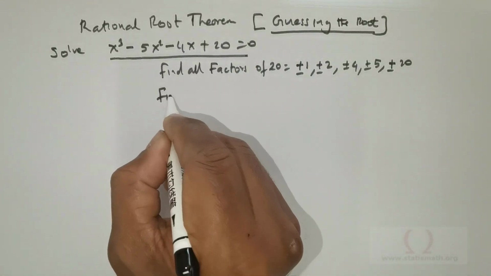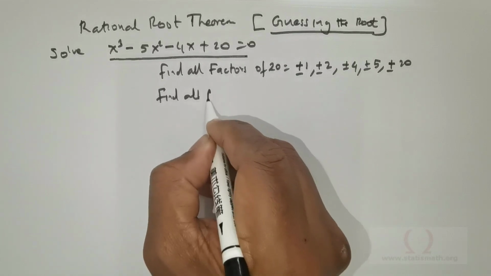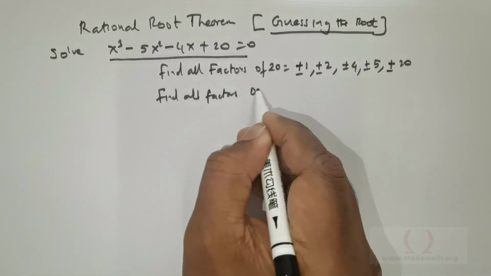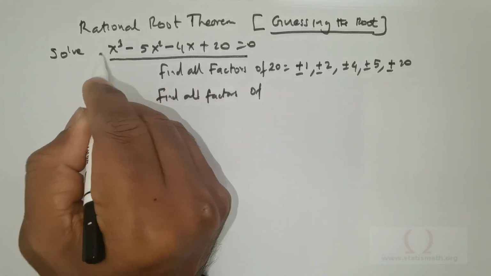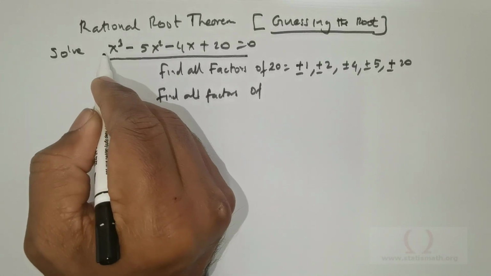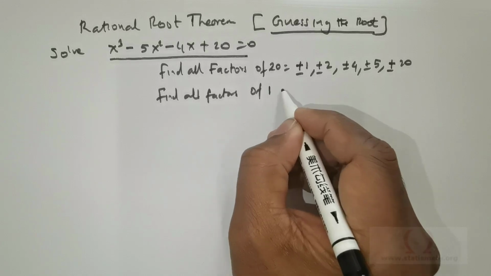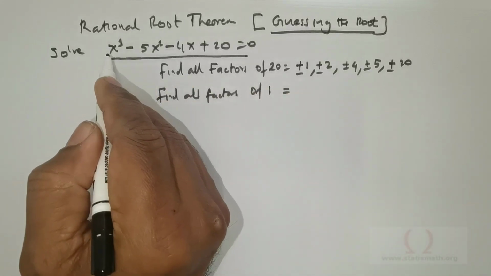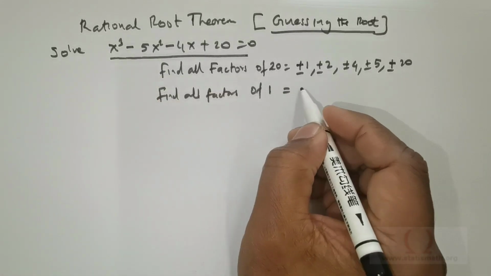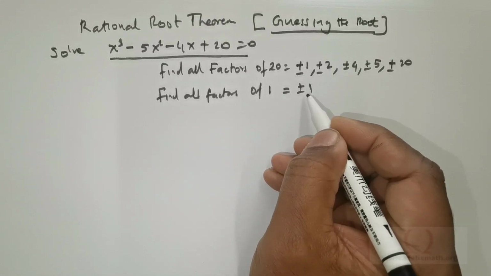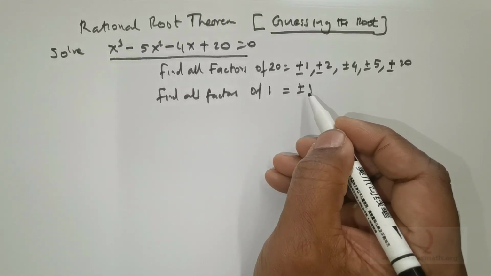And then you find all factors of the first term, the highest power. In this case the coefficient of x to the power 3 is 1, so the only factors would be plus 1 and minus 1.